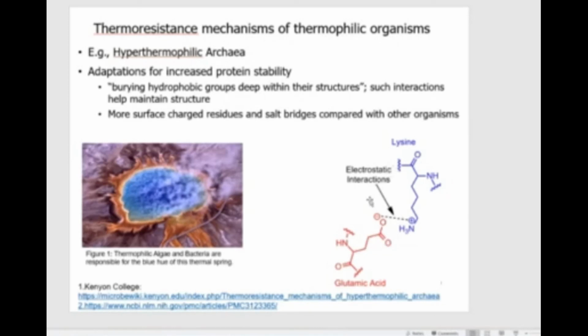If you have some mechanisms to make your protein stable, meaning you can maintain that particular shape of the protein, then your protein can be resistant to environmental factors. So these bacteria have proteins that can be very stable under high temperature.